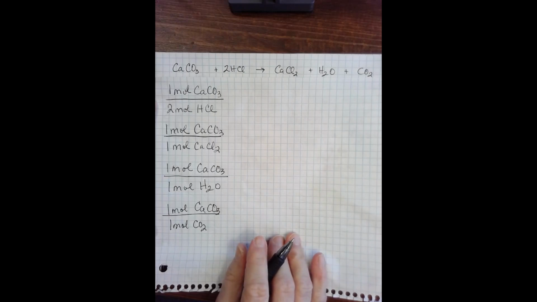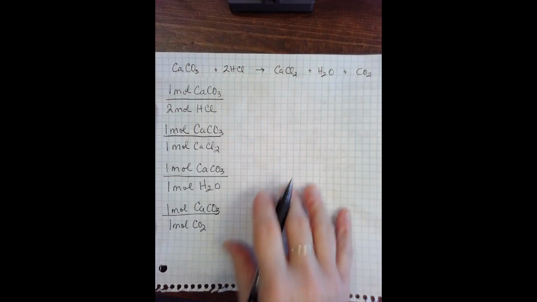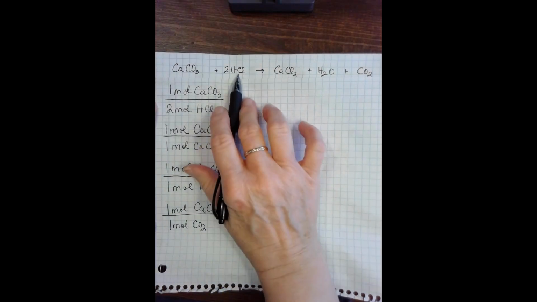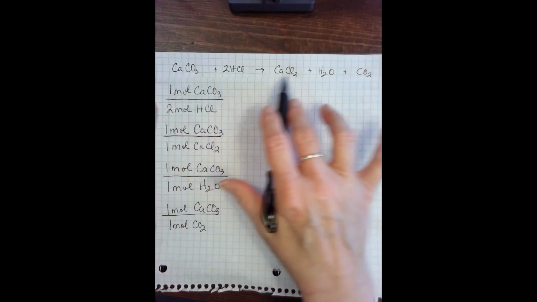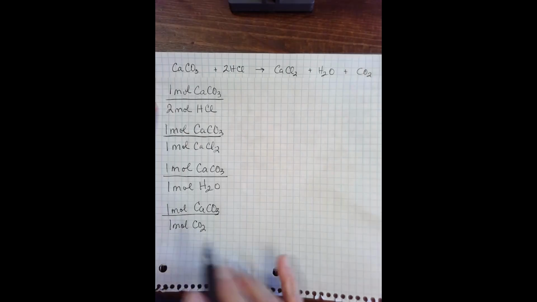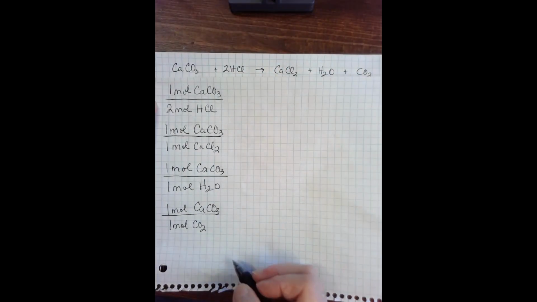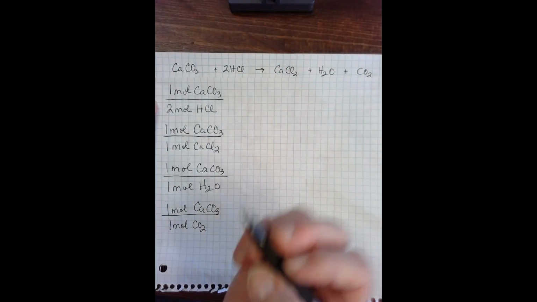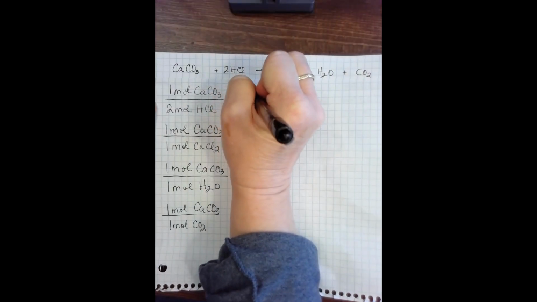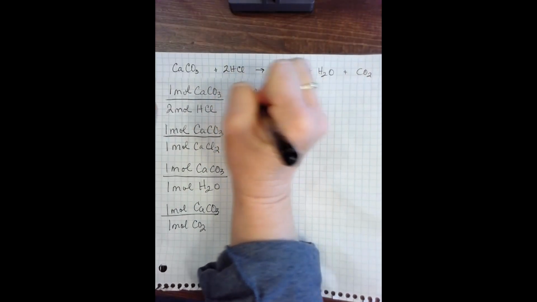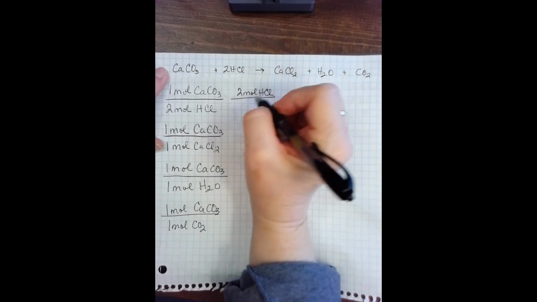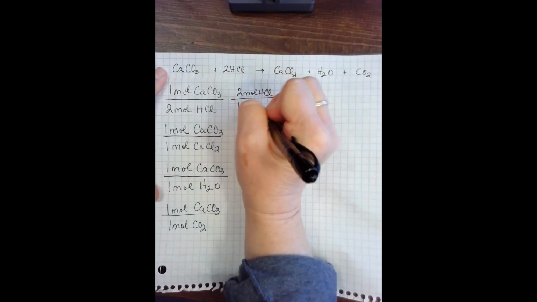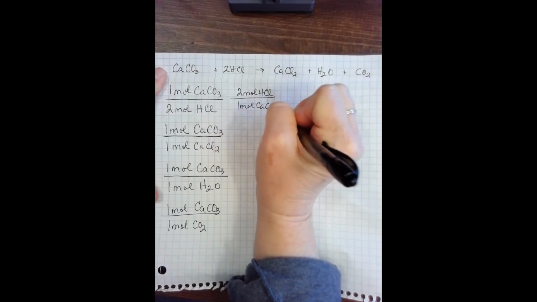Now this one has a lot of things to do in it, right? Now, hydrochloric acid, this relationship of hydrochloric acid is related to everything else in this equation. So the next list of possible mole ratios will be 2 moles of hydrochloric acid relates to, and I'm going to go back and grab the other reactant over here, 1 mole CaCO3.